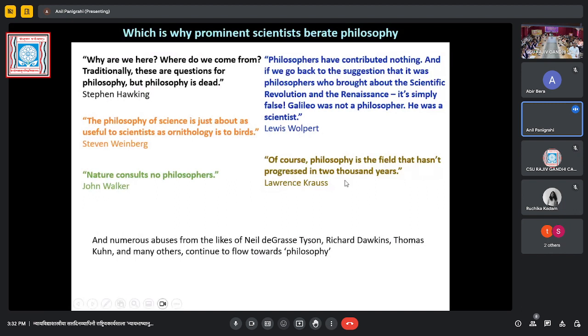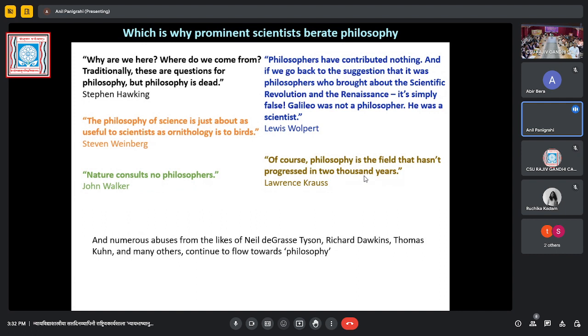And Lawrence Krauss says philosophy is a field that has not progressed in 2000 years. In some sense, he's correct. If you look into the Panchamahabhuta doctrine, we have not progressed from whatever we see in the Taittiriya Upanishad or Vaisheshika over the past more than 2000 years.